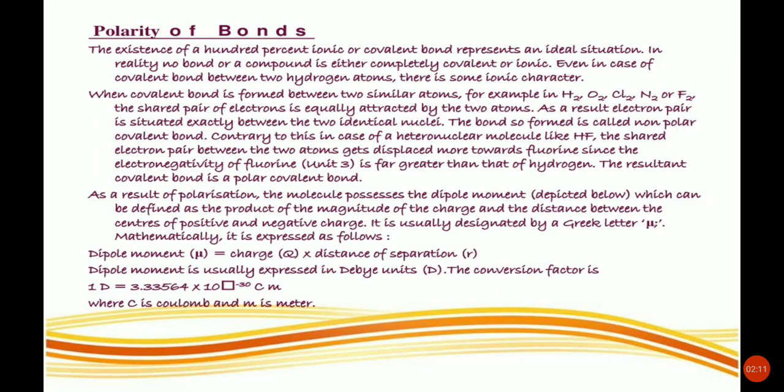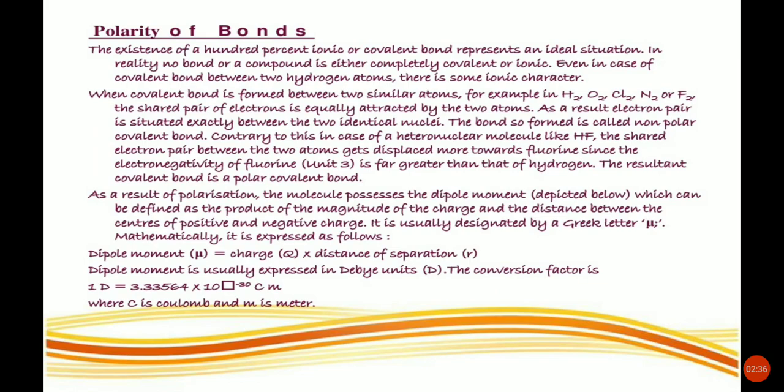Here in HF it is fluorine. The electronegativity of fluorine is very much greater than that of hydrogen. So the shared pair of electrons is shifted or displaced to the fluorine atom. The resultant covalent bond is a polar covalent bond.